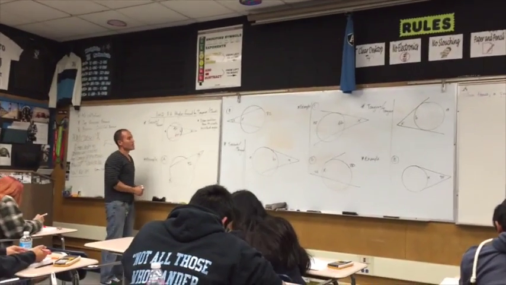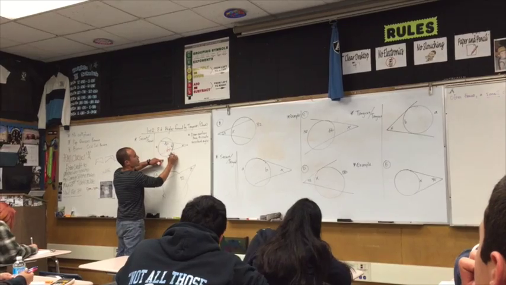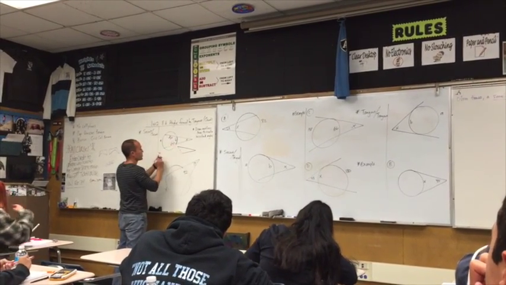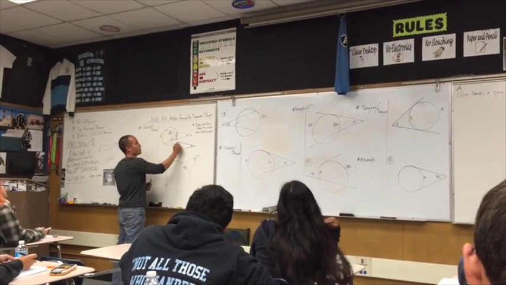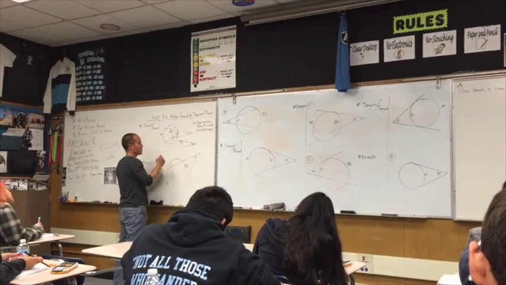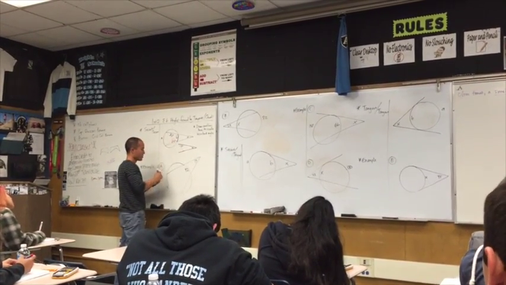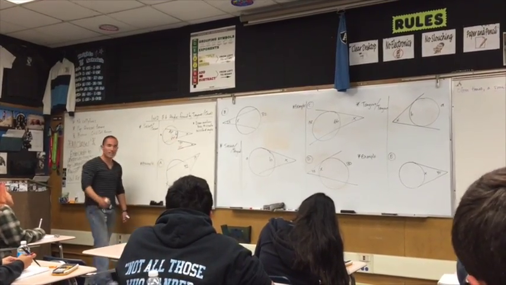At this point, I'm going to redraw this for clarity. I have this triangle here, and this is X. This is half of B. Can you see that from that picture?